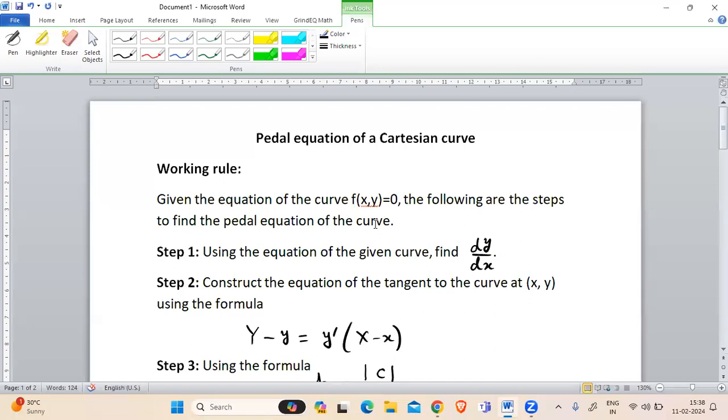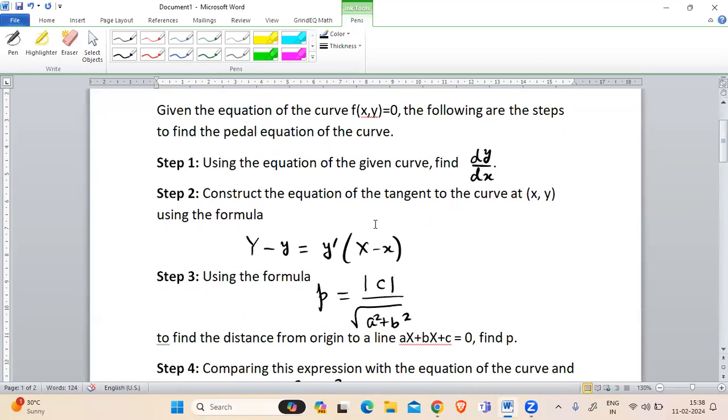Step 1 would be to find the slope of the tangent to the curve, dy/dx. That is done by simply differentiating the equation of the curve and finding dy/dx. Once we have found dy/dx, in the second step, we construct the equation of the tangent to the curve using the formula Y - y = y' (X - x), where (x, y) is the point at which we find the tangent.